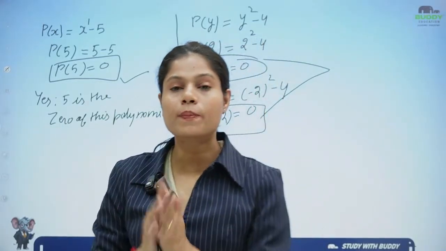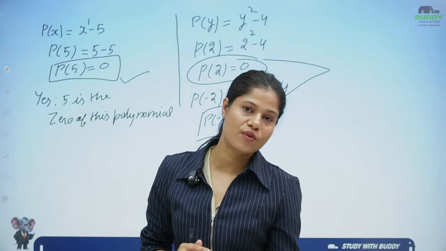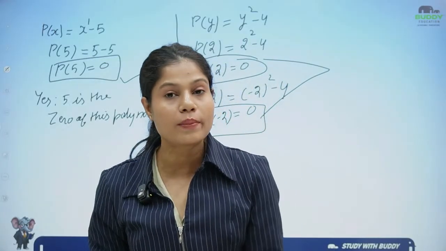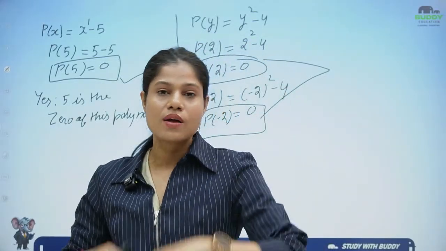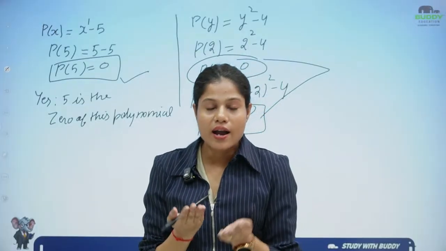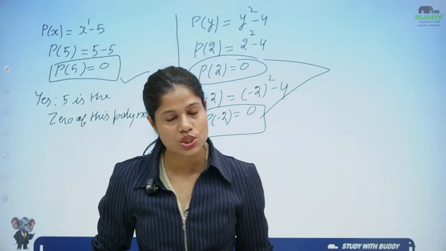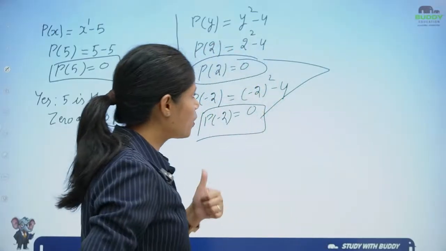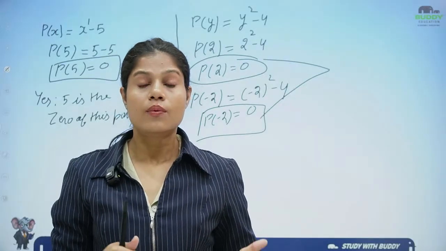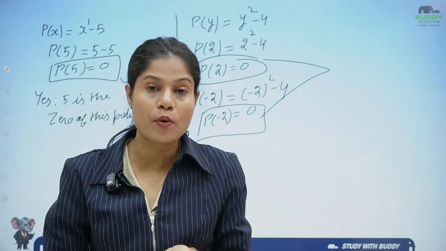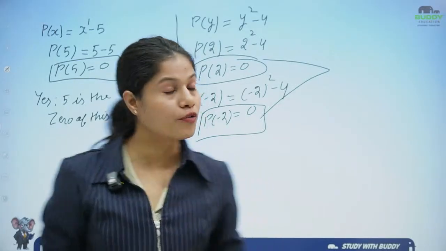So I hope the concept of 0 is clear, that whenever I want to find the zeros of the polynomial, I am interested in finding that value which will give me the net output as 0. I hope this portion is clear: what is a polynomial, what is the value of a polynomial, the types of polynomial, and then the zeros of a polynomial.